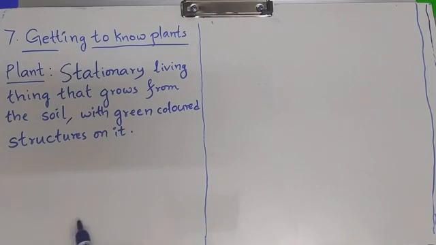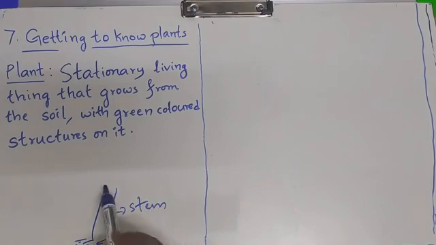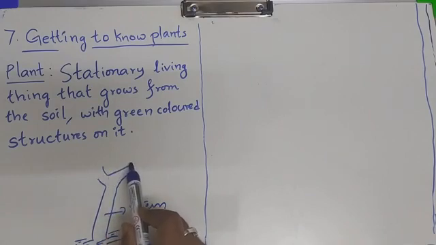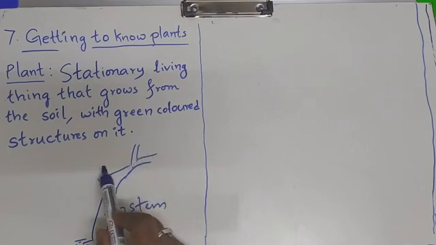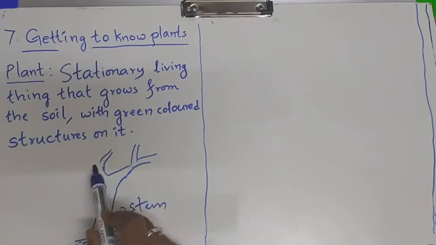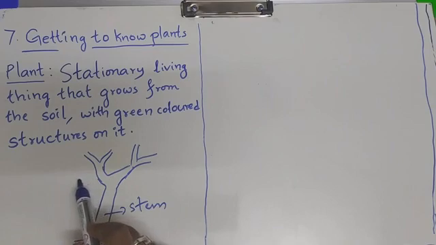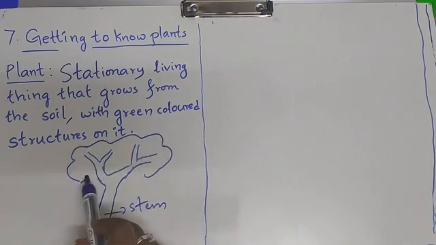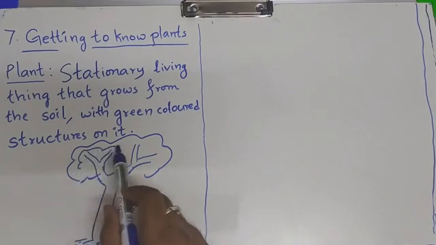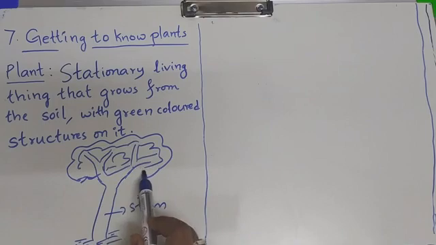And you may see that a plant will be having a structure that is grown from the soil like this, which you call stem, and which will be having some branches, sub branches, and above which many leaves will be there, right?